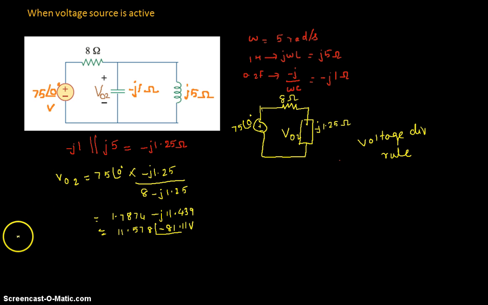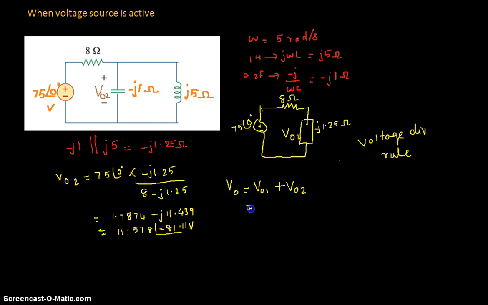What will be the total voltage V0? V0 will be equal to V01 plus V02. Remember that when we calculated V01, the source was in cosine, and when we calculated V02, the source was in sine.